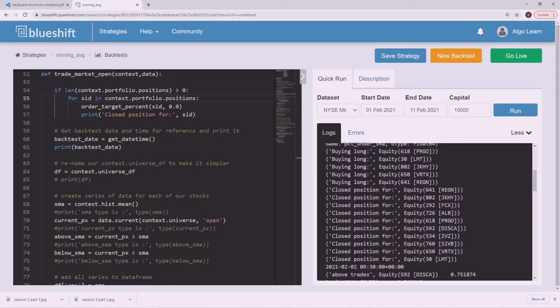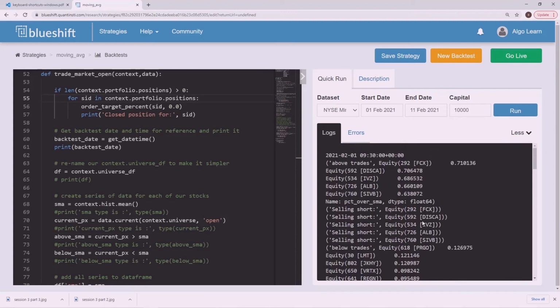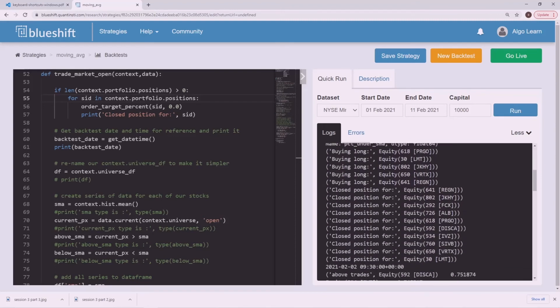I think what I do want to do as we close out our positions is print the backtest date. That's interesting how it happened. Okay.